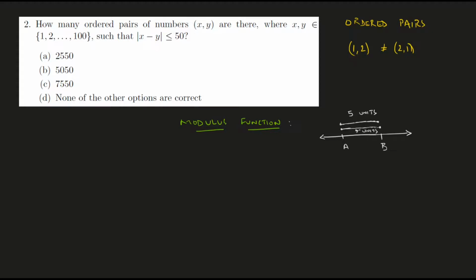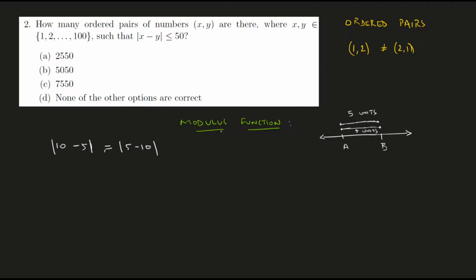So to measure the distance between 2 points, the modulus function was invented. The distance between 10 and 5 is given by the modulus of 10 minus 5, or by the modulus of 5 minus 10. These two must mean the same thing because you're just measuring the distance between 10 and 5.